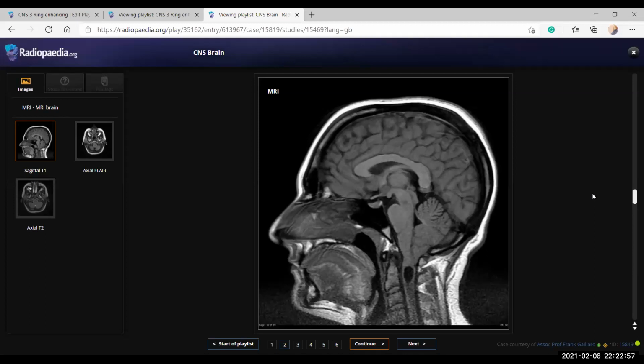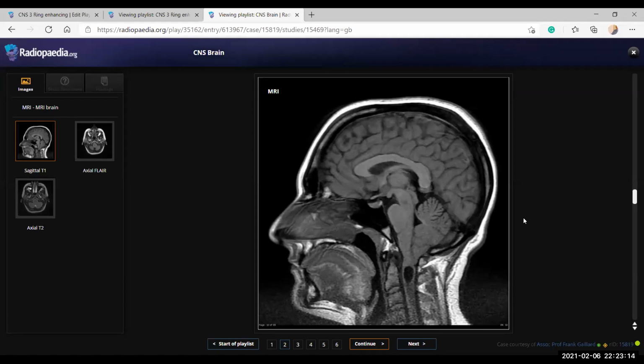There is also downward tonsillar ectopia or herniation. I want to confirm this. The corpus callosum is seen well developed, with no associated hydrocephalic changes.